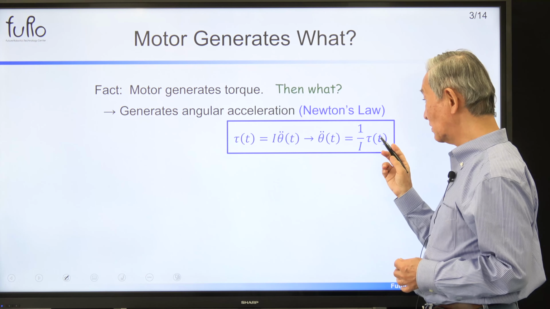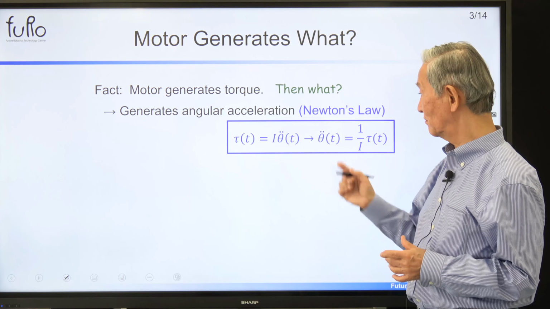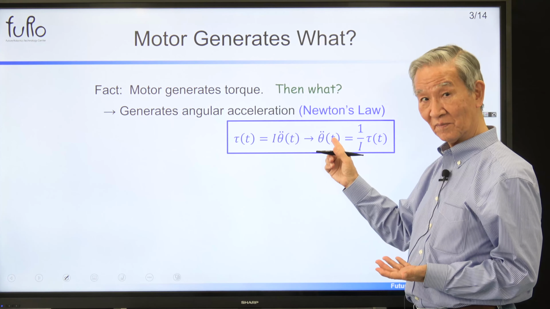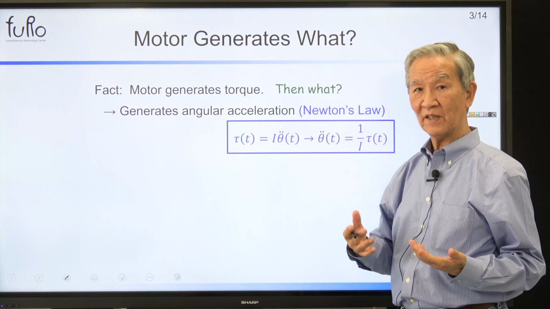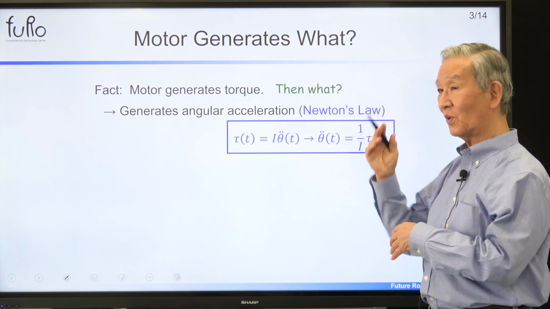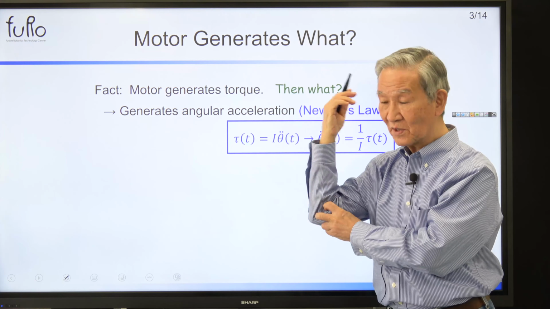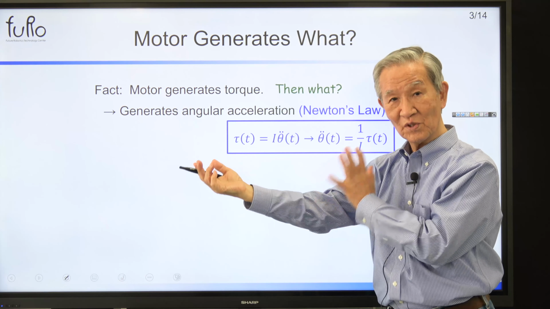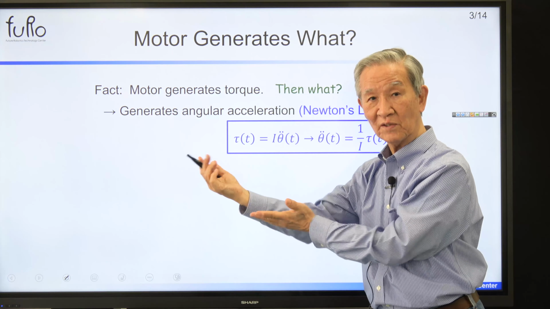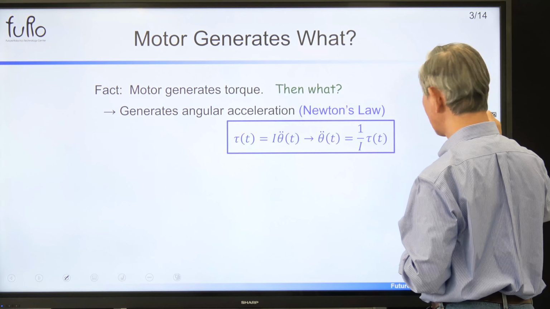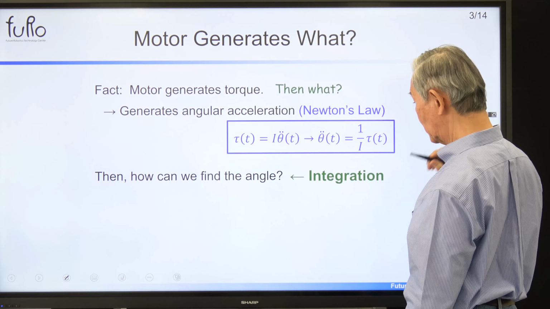So if you know the torque, then you should be able to find not just the acceleration, but also the angle. Because if you apply the torque, then it moves, and as a result the angle changes. So we should be able to compute how much angle change occurred. How can we find the angle?